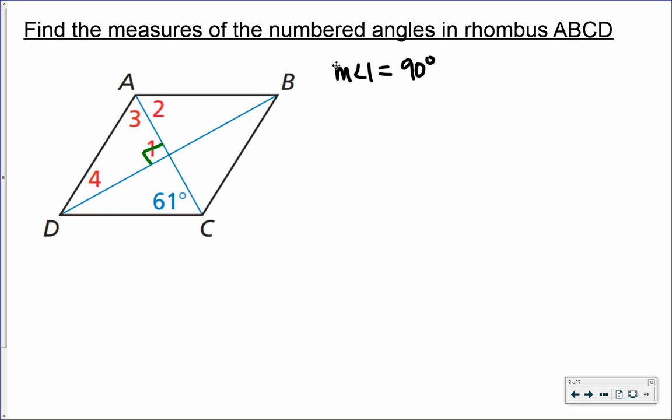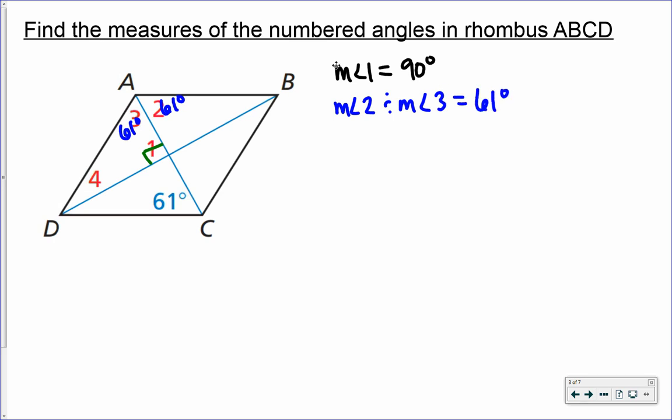So I can say that measure of angle 3 is 61 degrees and measure of angle 2 is 61 degrees, because opposite angles are equal and those diagonals bisect that angle into 2 equal parts.